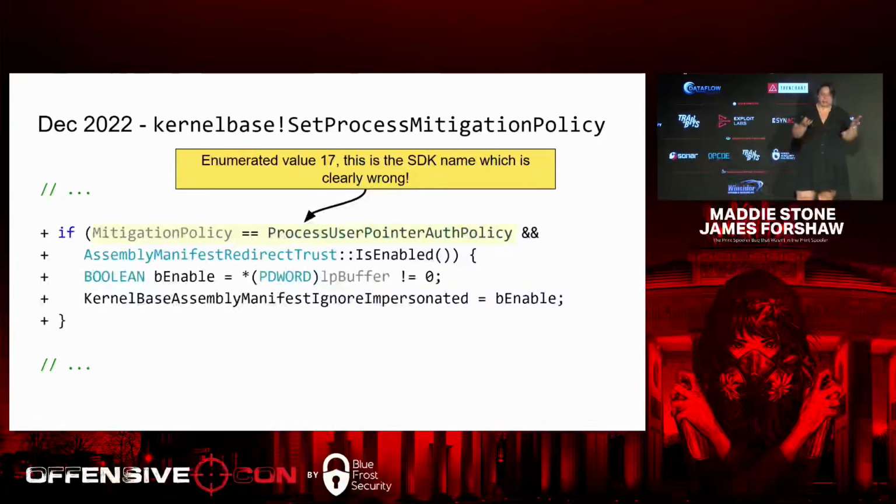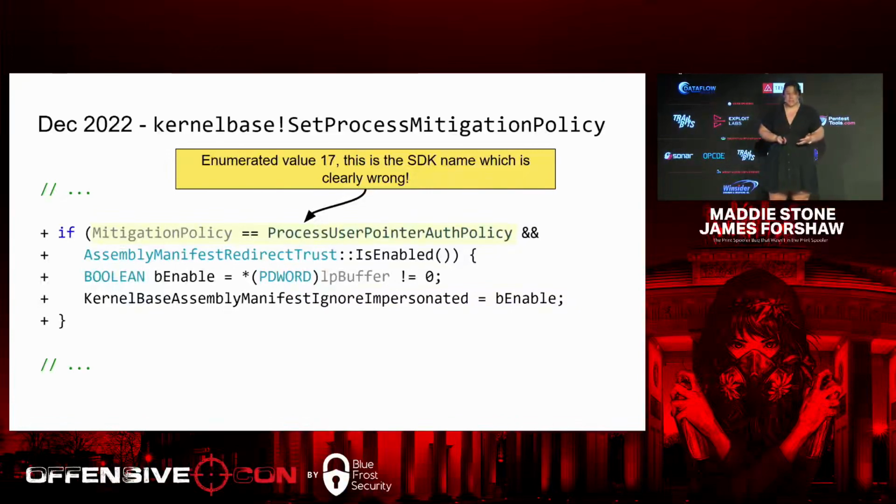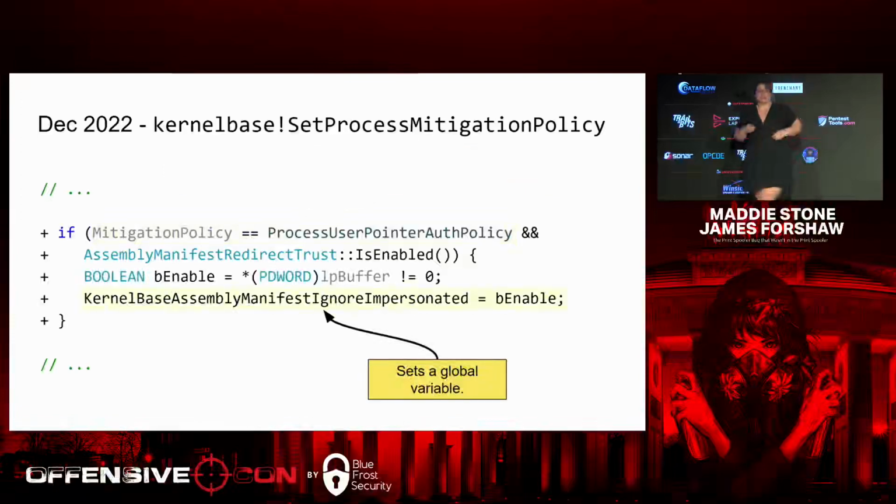And so if the feature flag has been enabled, then they will set that value. And so what that comes down to is that the process has to explicitly say, enable this mitigation for me. It will not be enabled for processes otherwise.